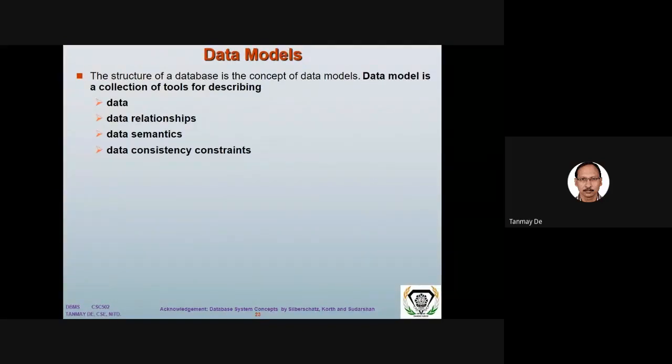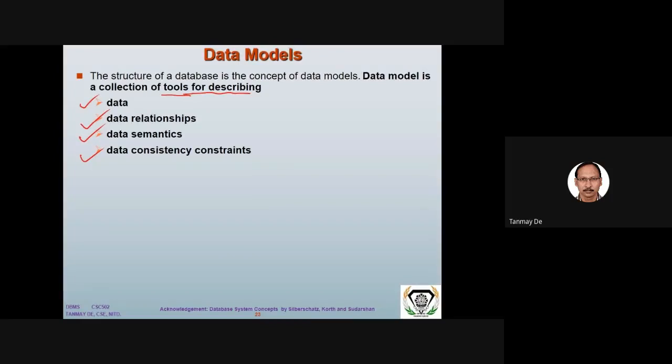The data model is a collection of tools for describing the data, relationships among the data, data semantics, and data consistency constraints.